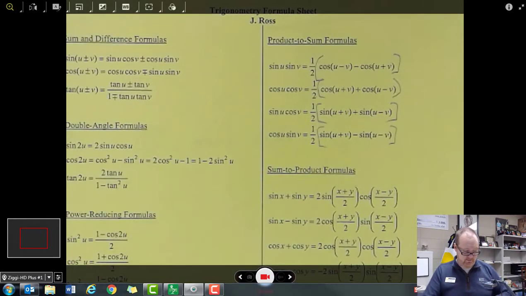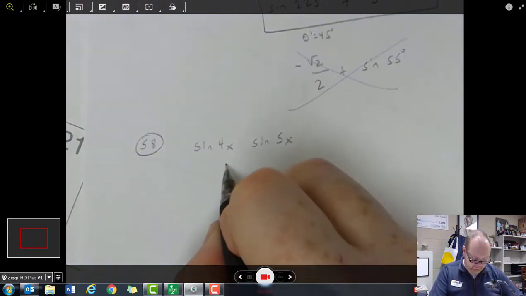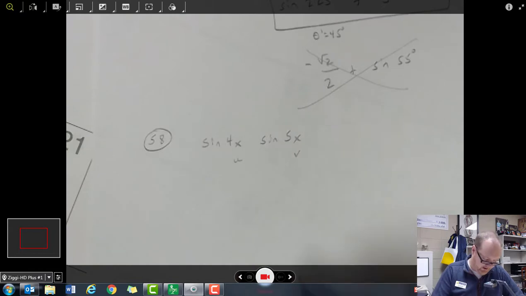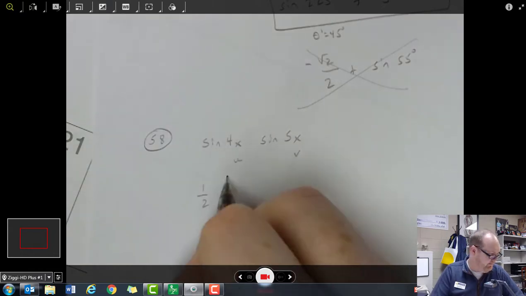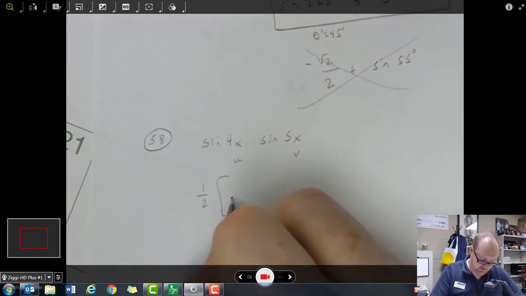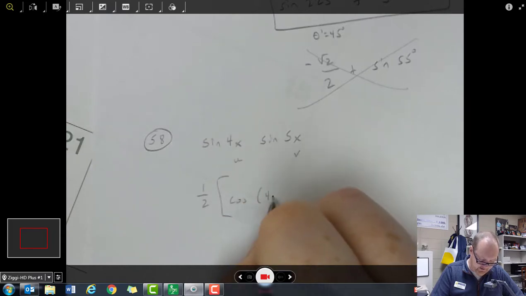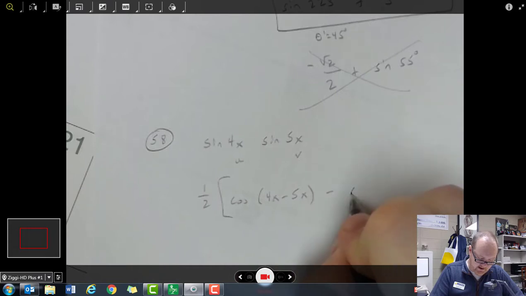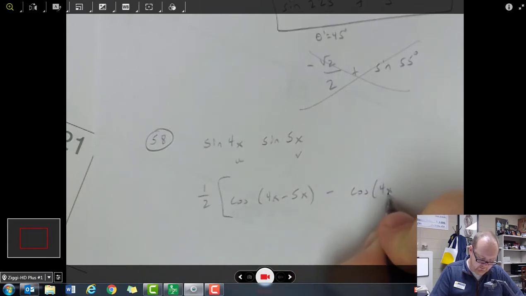Sine times sine. So once again, I'm letting this part be u and this part be v, and let's fill it into that formula. So I have a big 1/2 times the cosine of the difference in the angles minus the cosine of the sum of the angles.